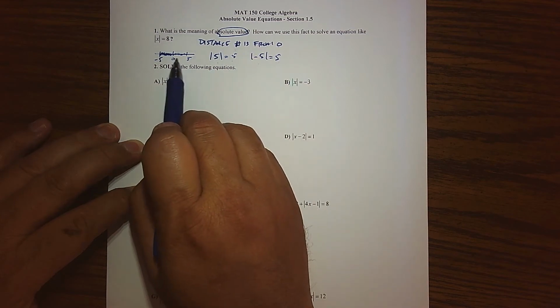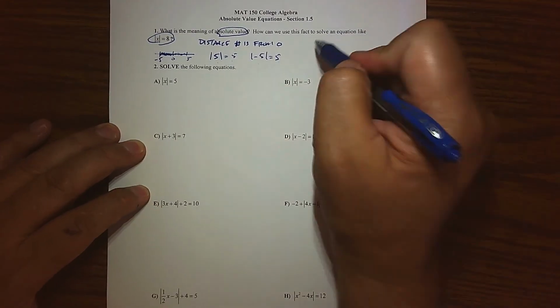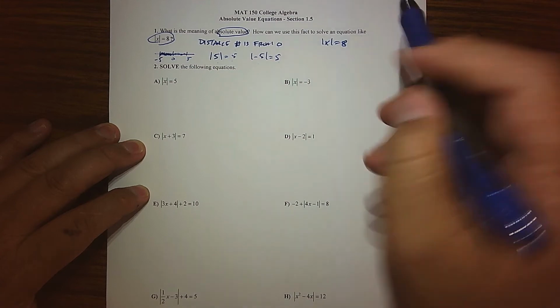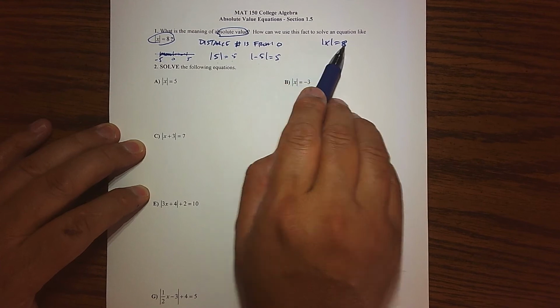And so when we're going to solve absolute value equations, like the absolute value of x is equal to 8, we're again trying to find values of x, right? What can I input in here that when I put it in makes the equation true?